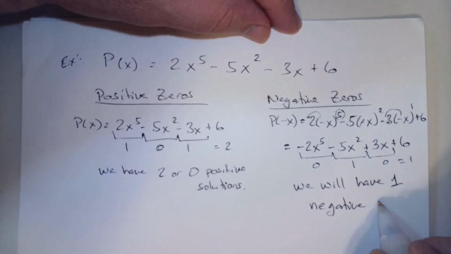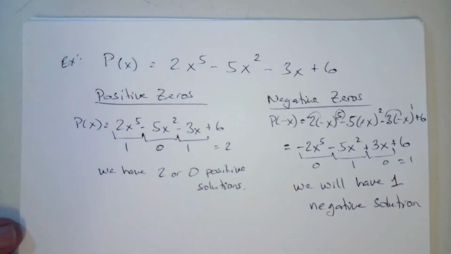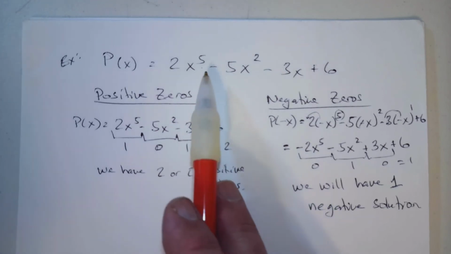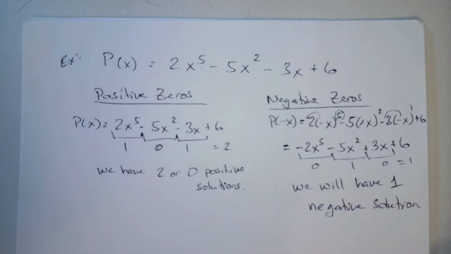So we have one negative solution. Out of the 5 possibles, we'll have one negative, 2 positive, or 0. That means the other ones have to be made up of imaginary numbers.